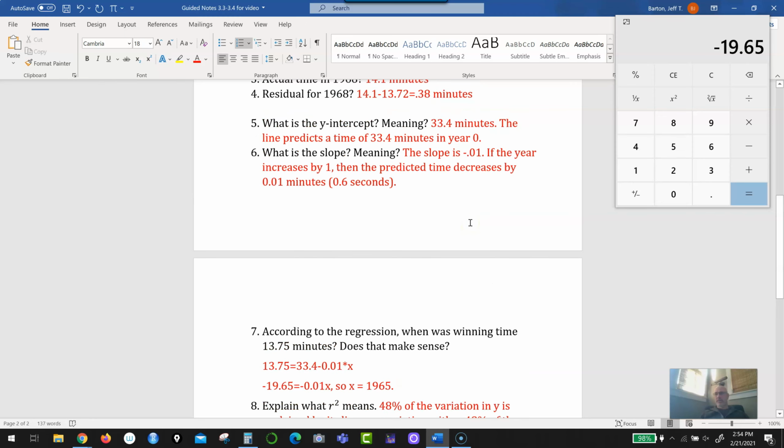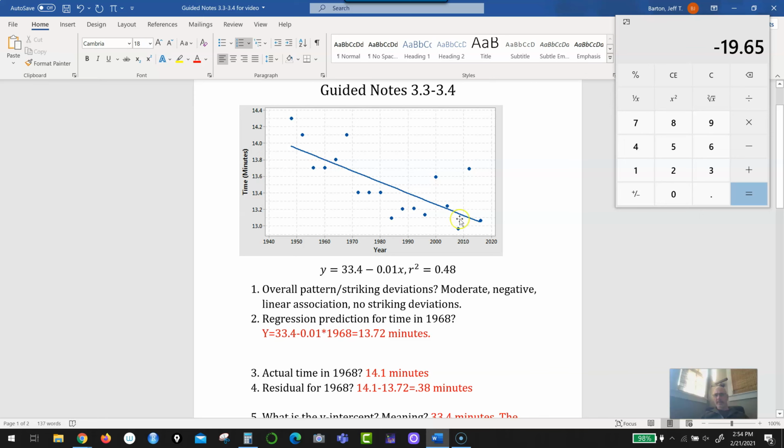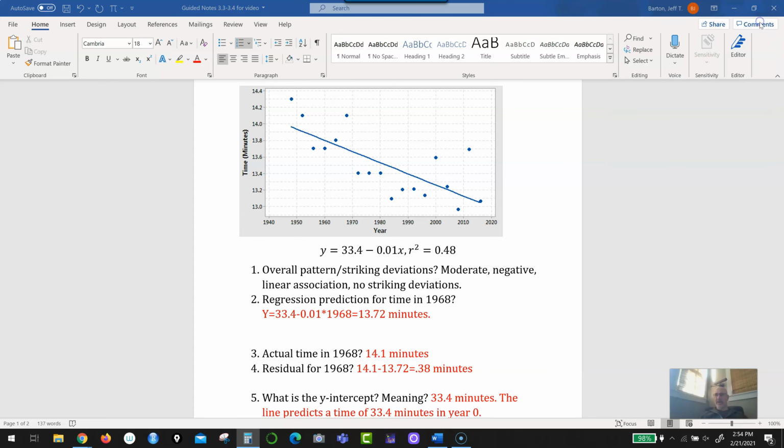All right, one last thing that we didn't say a lot about specifically in this example, and that has to do with extrapolation versus interpolation. So extrapolation is generally bad for regression, and that means that you are trying to use the regression equation to make a prediction that has an x value that's outside your data set.